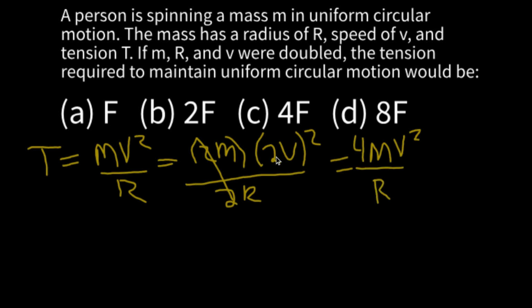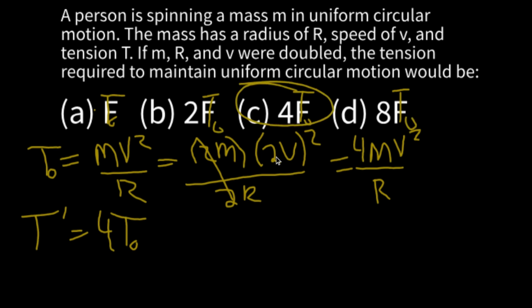And I'm going to call this T naught. So in that case, T prime, we can just take this and we will get 4 T naught. Oh, and excuse me, these should all be T's, not F's. Though tension is our centripetal force, and we are left with 4 T naught, so choice C.